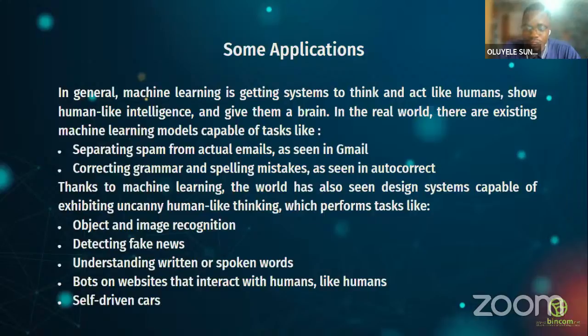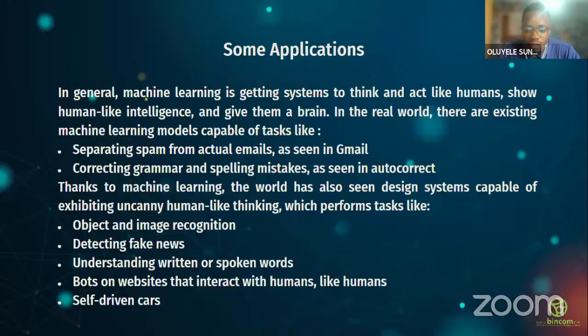Those are the kinds of jobs this machine learning model has been able to help us automate. You also see image recognition systems, whereby your apps are able to detect a particular person, as you see on your Google Photos.